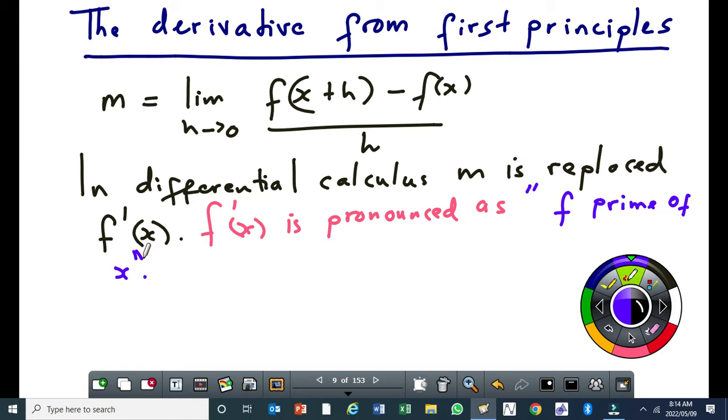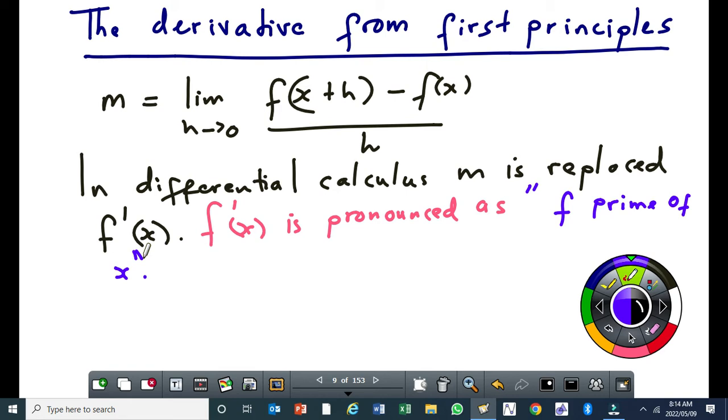In calculus, we don't denote the gradient by m. We denote the gradient by a new type of notation. But this is not the only one, though. I'll talk about the others. We represent it by this notation, which is function notation.